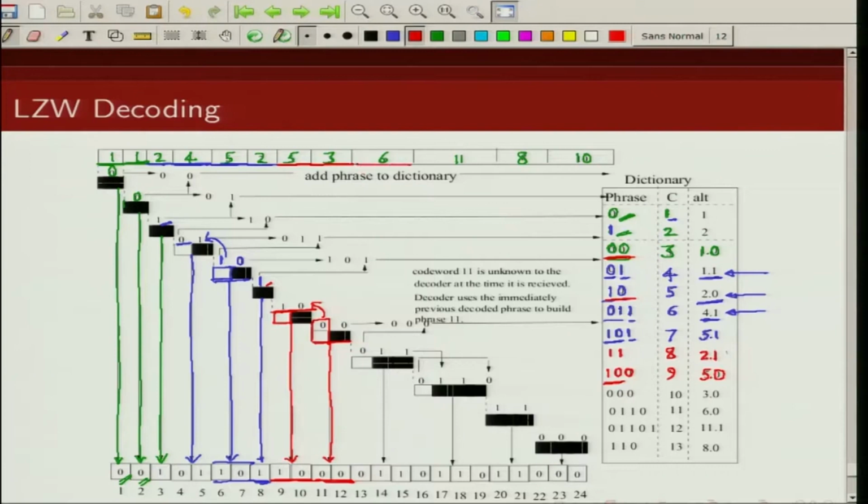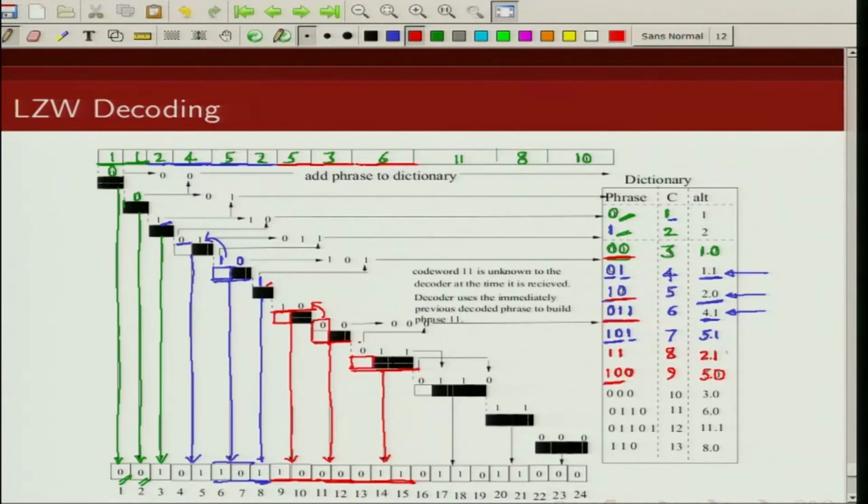Next, 6. Now 6 corresponds to 011. So this will be decoded as 011. Now the innovation symbol here is the first bit, which is 0.